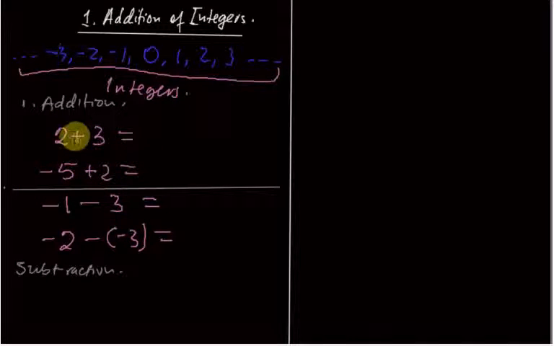So this is addition. 2 plus 3. We know what it is. This is directly 5. What about -5 plus 2?